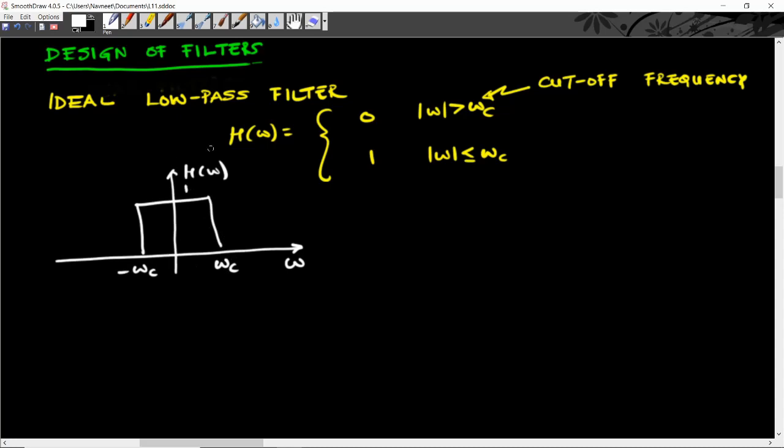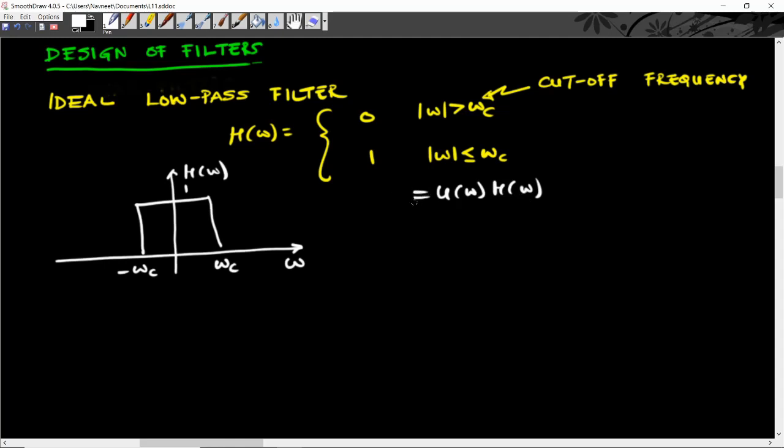That is, the transfer function is a rectangular function between minus omega c to omega c, and the maximum value is equal to 1.